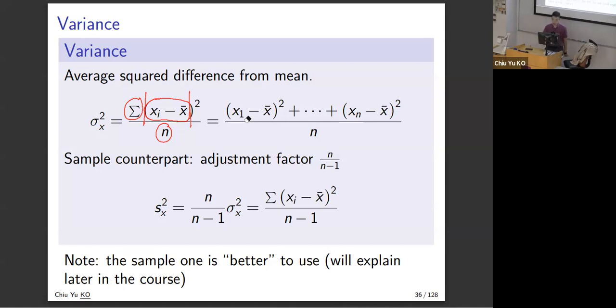Probably you want to ask why this is a measure of variance. So consider the following case. Suppose you have three observations, 4, 5, and 6. Obviously the mean is 5. Another data set is 3, 5, and 7. Again, the mean is also 5. Mean and median are the same, though the mode is different.